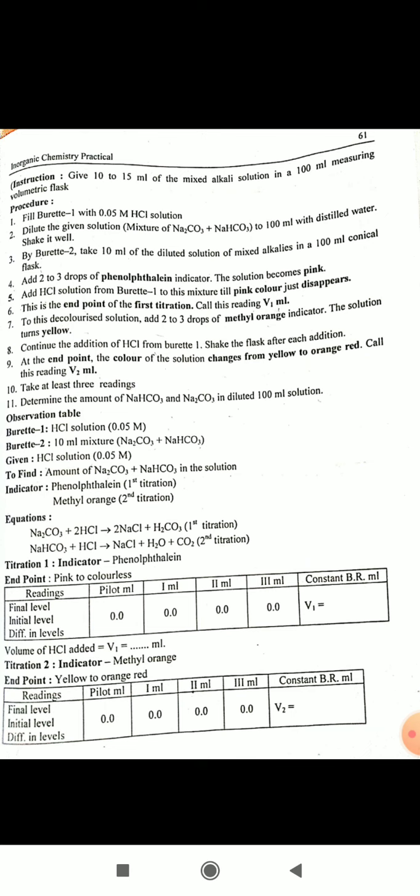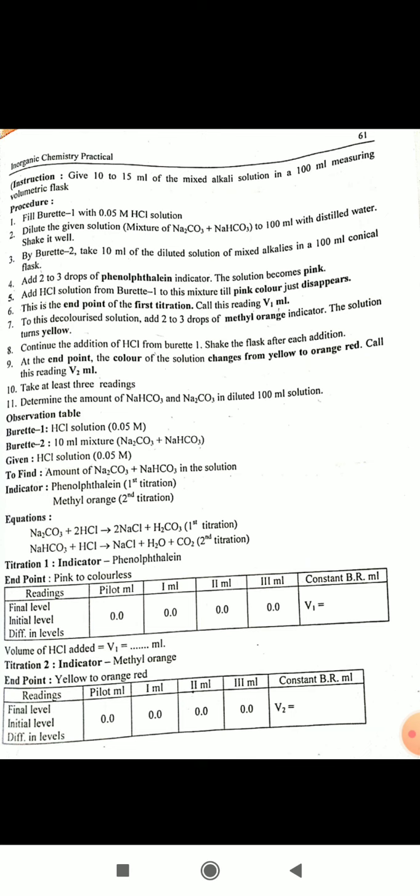The indicators used are phenolphthalein for the first titration and methyl orange for the second titration. Na2CO3 + 2HCl gives 2NaCl + H2CO3. This is the reaction of the first titration. The second reaction is NaHCO3 + HCl gives NaCl + H2O + CO2. This is the second titration.